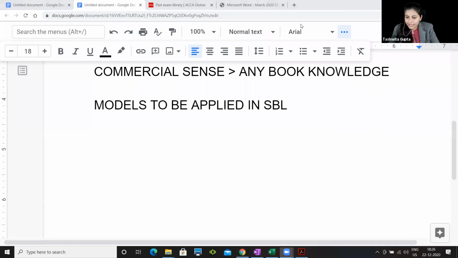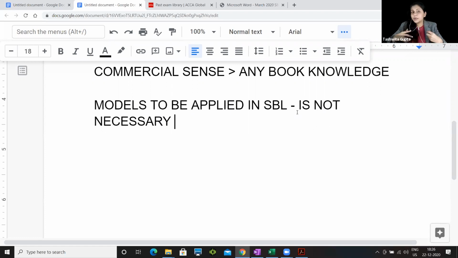But guys, the model is not necessary. They won't cut your marks if you don't apply the model. That's the beauty of SBL. If I don't know about a particular model, if I don't know what Porter's Five Forces model is, I won't apply that model. And they won't directly tell you that this question relates to PESTLE analysis or Porter's Five Forces model. You will have to identify which model is to be applied if you want to apply that model.